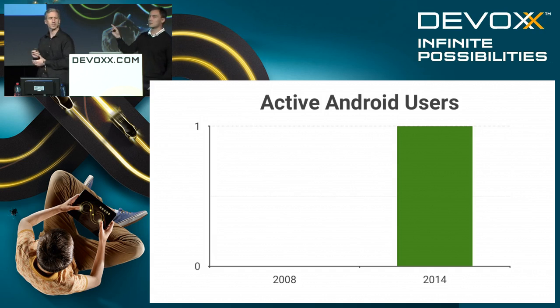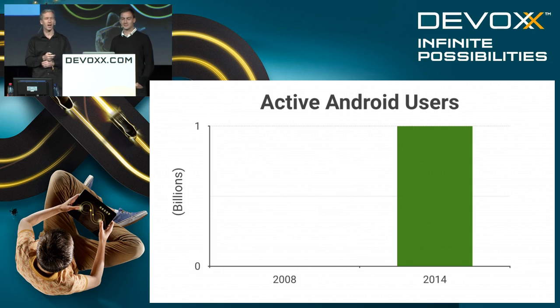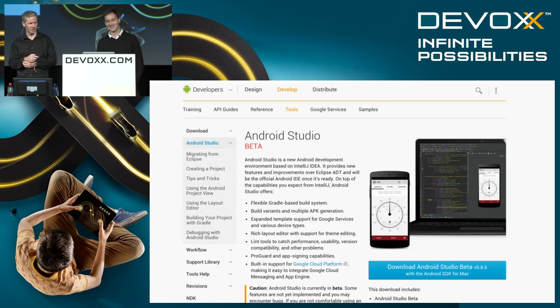Well, no, actually it wasn't 0 in 2008, but it was... It was a terribly small number. It was terribly small. At the beginning of 2008, there was 0. We're going to debate this for a little while up here. And then in 2014, there was 1. Billion. 1 billion. So I hope... Anybody have any questions on that? All right. It looks like the graph from your community talk yesterday. It bears no resemblance to other quantitative data I've used elsewhere.